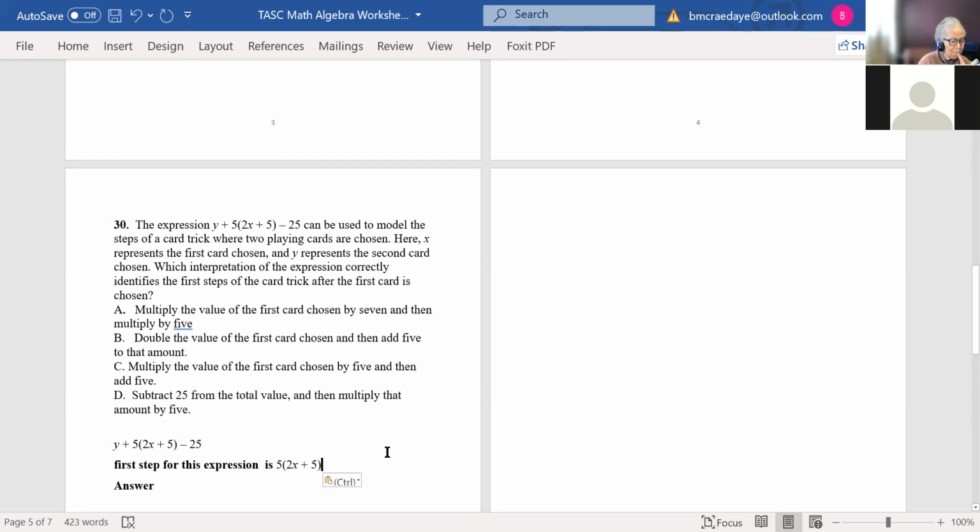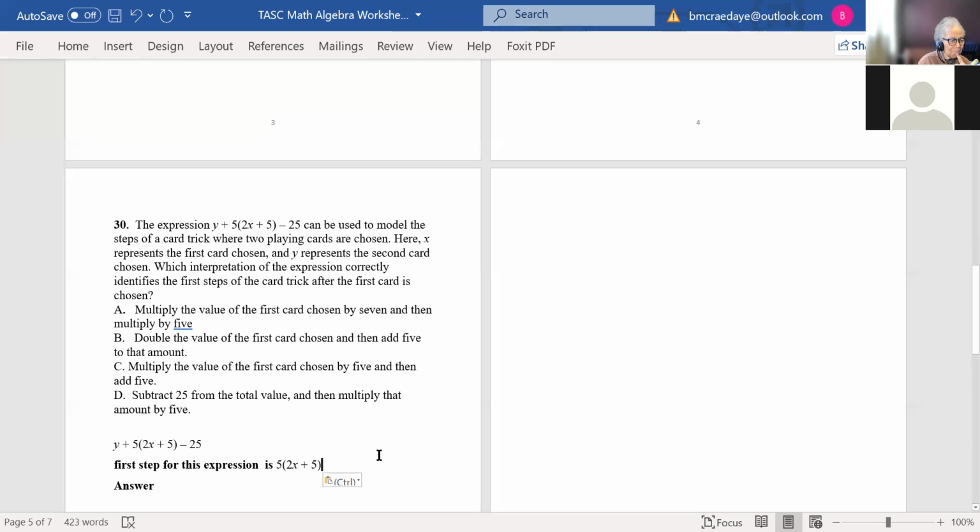Okay. So the first choice I would do, in parentheses, which one of those statements match what you see in parentheses?